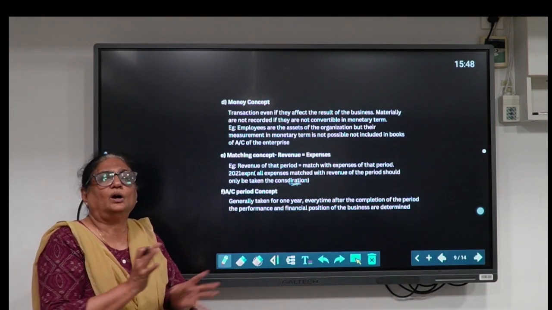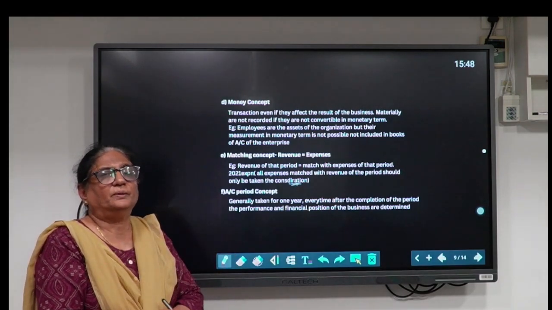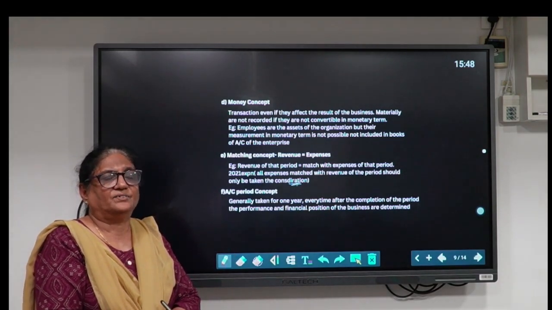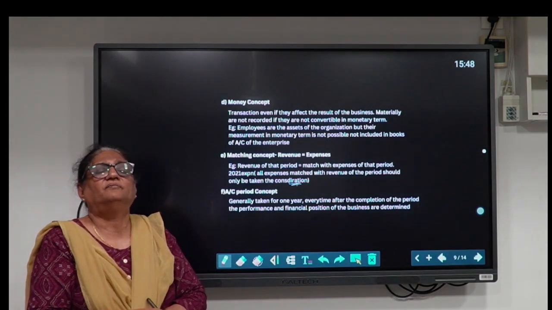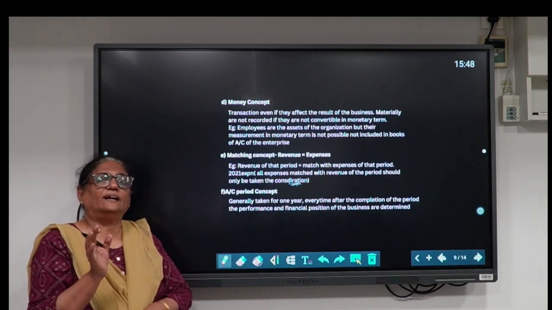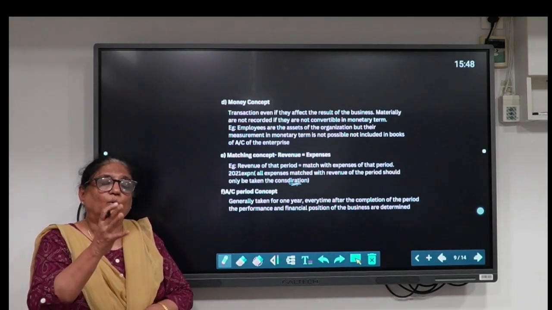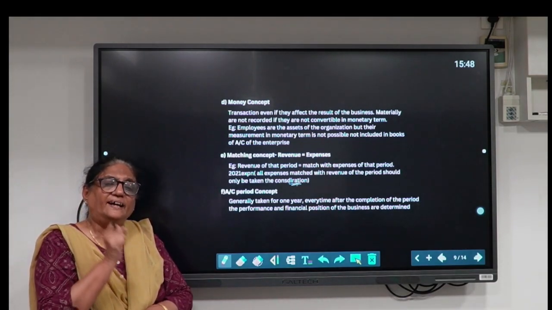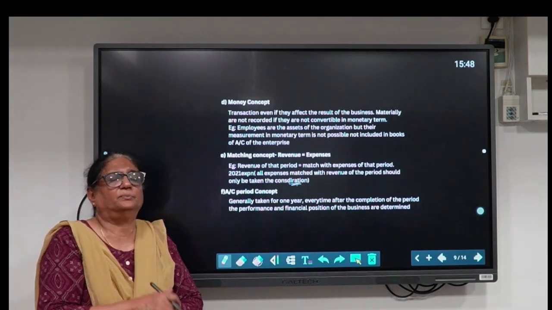Supposing you have bought furniture worth 7 lakh rupees, but the recognized value was only 5 lakh rupees. The 2 lakhs are staying in your stock. So what is the worth? Only the 5 lakhs that you have realized has to be recorded.